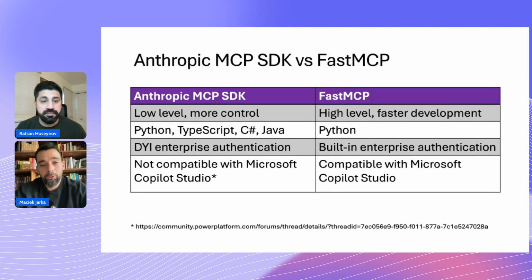Actually, this problem is explained under the link which you have here, and it's also available below the recording. It's related to the data types of the request ID that's being sent between Copilot Studio and the MCP server. Long story short, with FastMCP, we didn't experience this problem, but I hope in the near future this will be solved, especially because it also impacts other integrations.